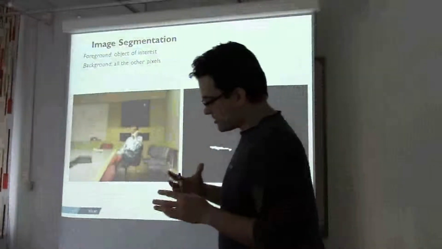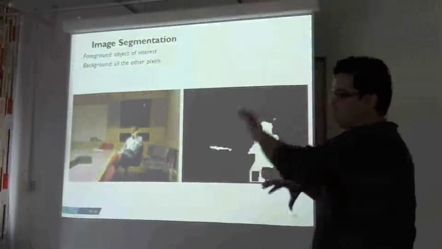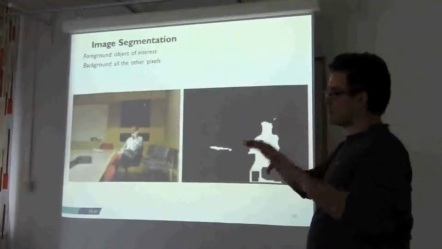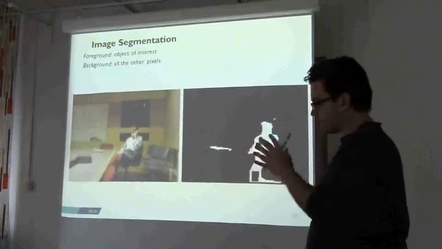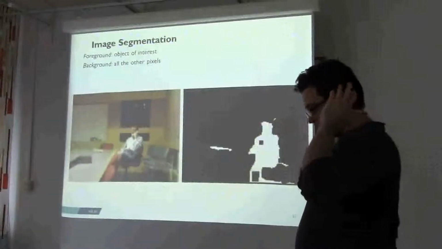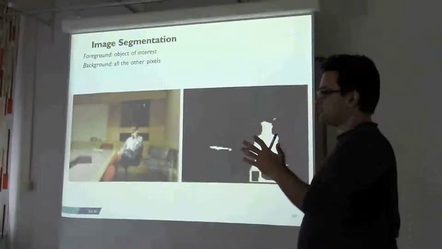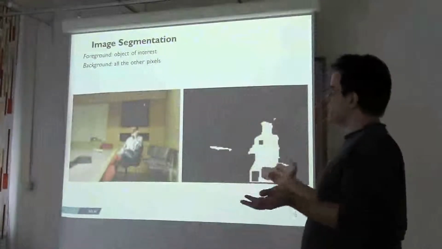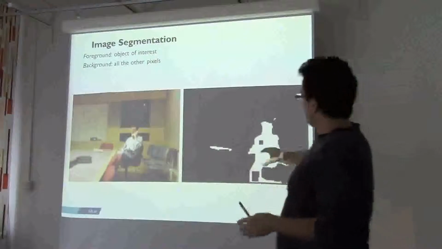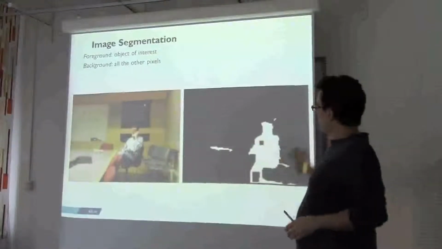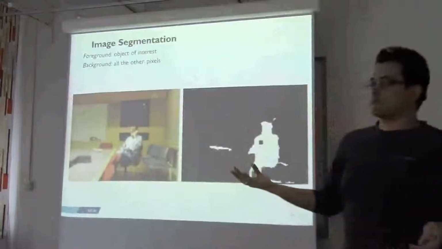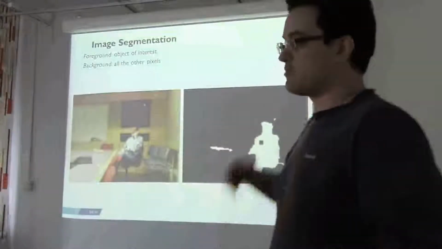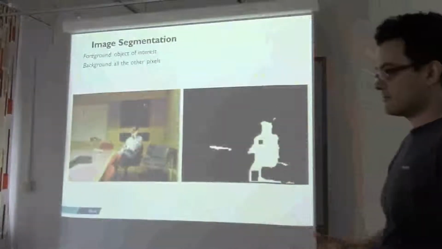Maybe we are not interested in classifying all the parts of the image necessarily. We just want to focus on one part. We know the properties of the object in this part, so we just use these properties, get this region, and discard the rest of the image. So this is your foreground, this is how it's called, and the rest of the image is the background. What is foreground and what is background depends on your application.